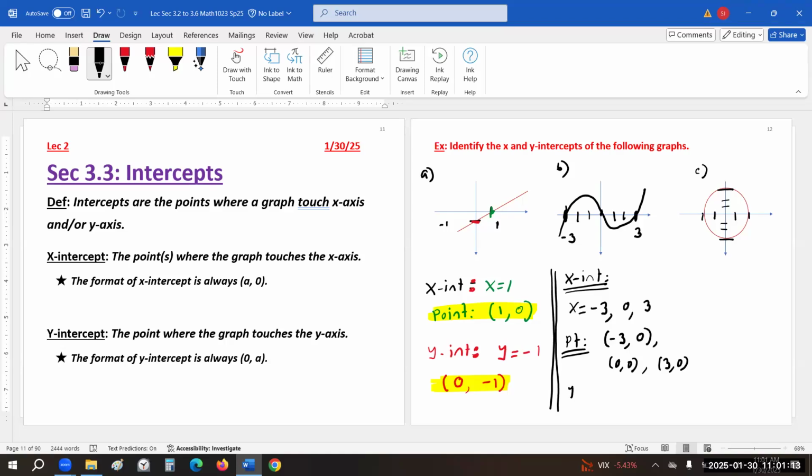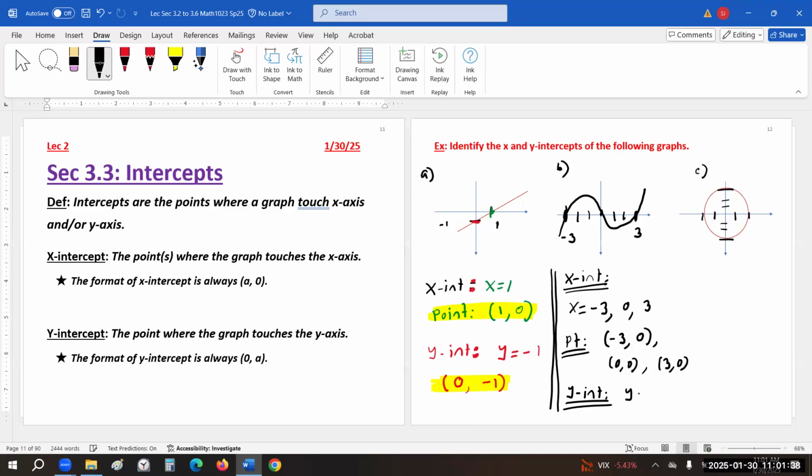Okay, next volunteer for the y-intercept. Who would like to give me the y-intercept? Anybody? Go ahead. So the y-intercept is where we are crossing the y-axis, and we are crossing here only through 0.